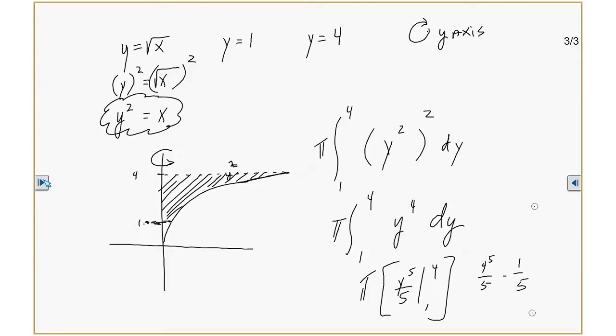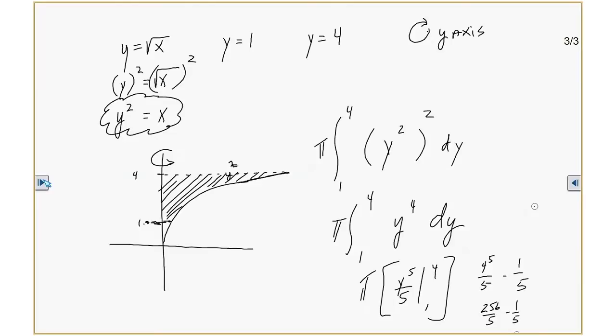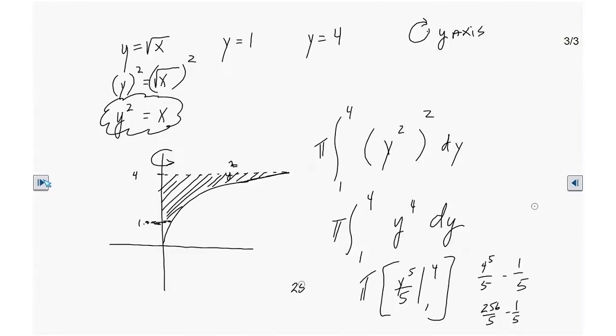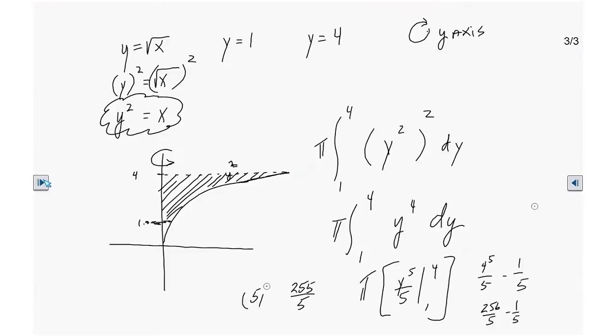So that's 256 over 5 minus 1 over 5, which is 255 over 5.